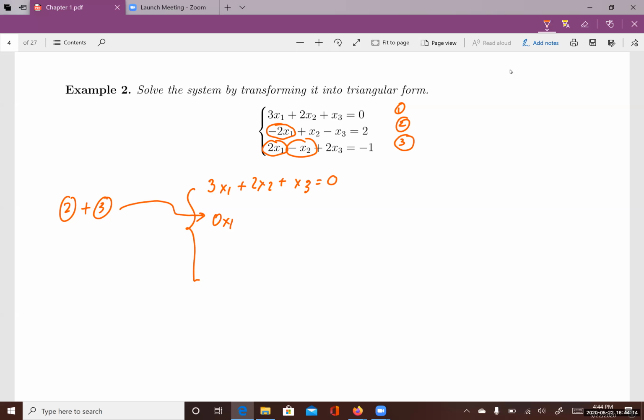Well, I achieved my goal. x2 plus x2 is another result from this operation, and negative x3 plus 2x3 is 1x3. And 2 plus negative 1 equals 1. So that's the second equation. I still keep the third equation as is.